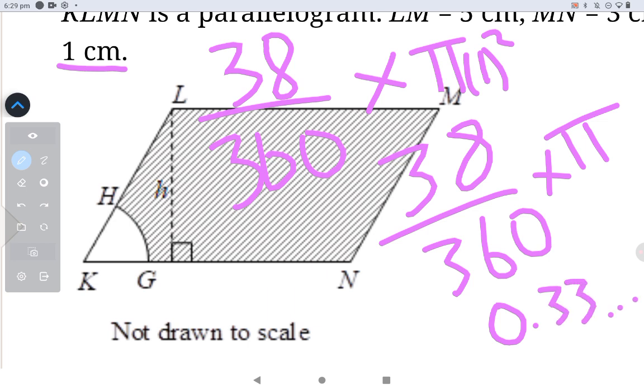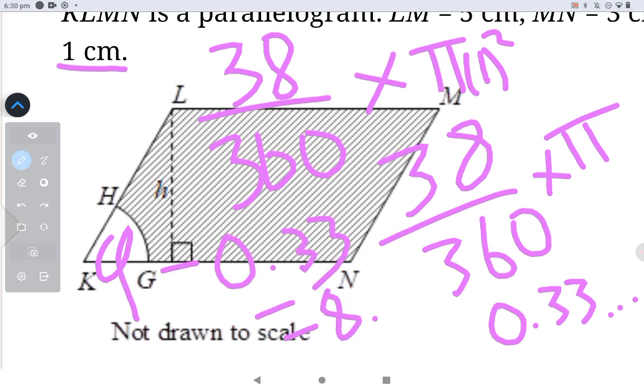Okay, now like we said, we need to do area of the parallelogram minus the area of the sector. So 9 minus 0.33 will give you 8.7, but we're going to round it off to the nearest whole number, which will give you 9.